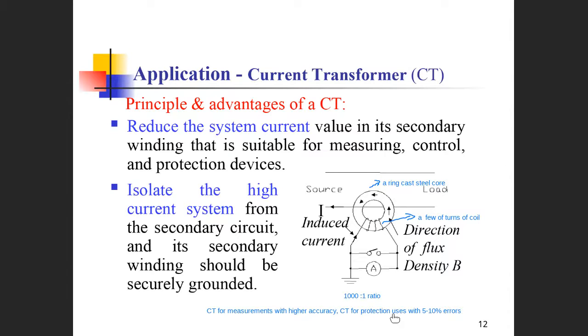In power distribution, you frequently use the CT at different parts of the power distribution line. For protection purposes, we detect how much current is in the system. Then we determine whether to switch on or switch off, short circuit or open circuit, using the CT devices.